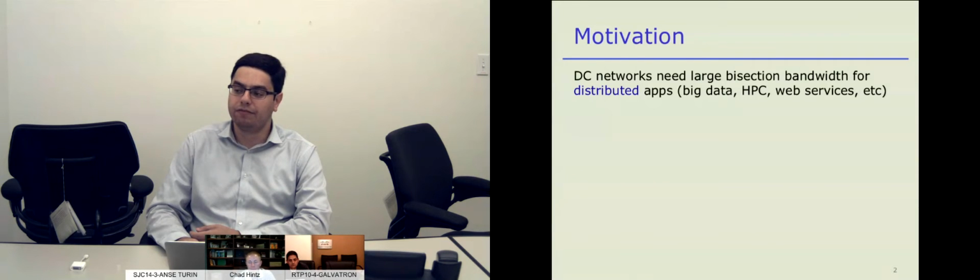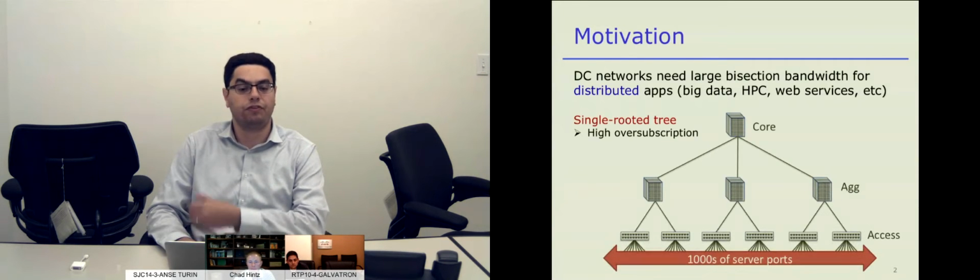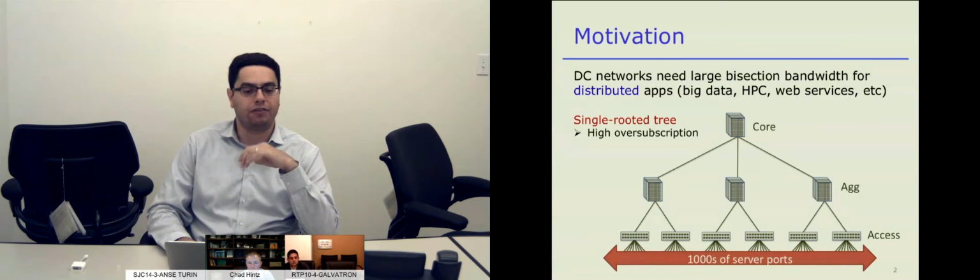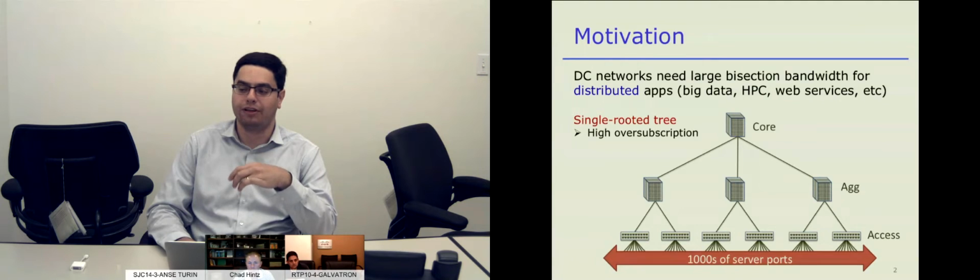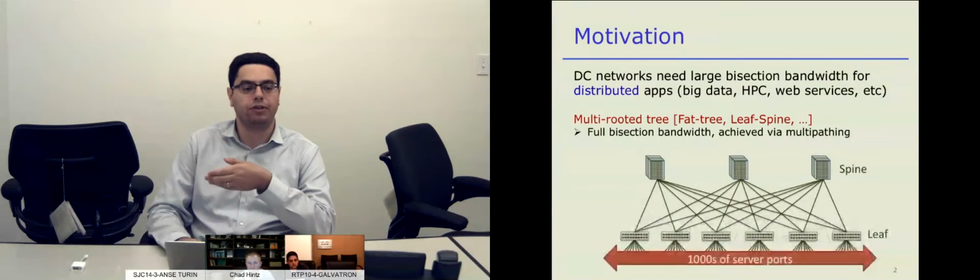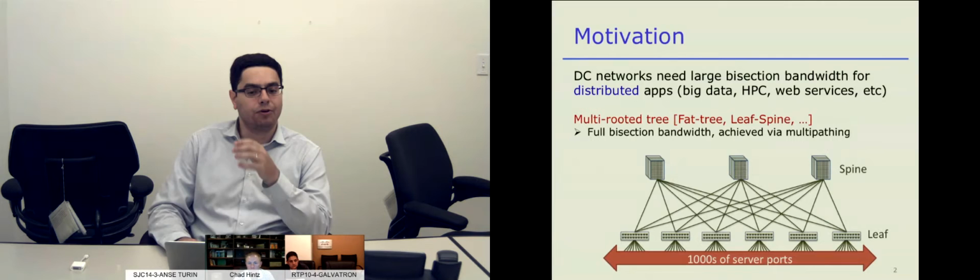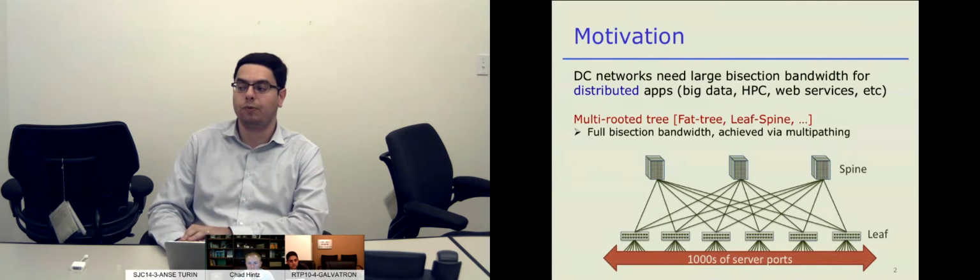And because of this, the traditional single-rooted tree topologies that were the mainstay of enterprise networking for more than a decade are now in the process of being replaced with multi-rooted tree designs. Designs like the fat tree network, or what I'm showing in this picture here, which is a leaf-spine design.